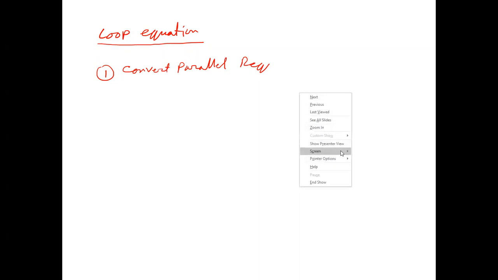This one: convert parallel resistance to 1. Note all of this, okay?